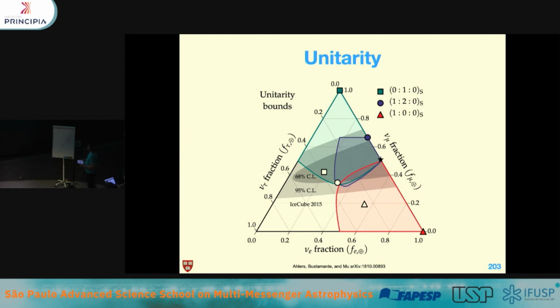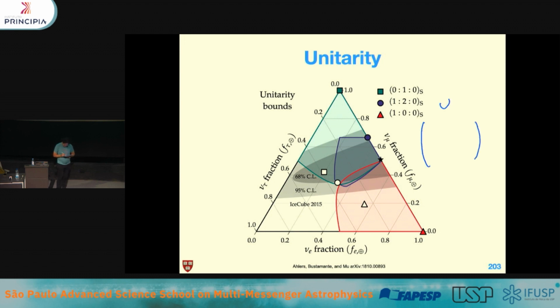It's because the sum of the mixing elements has to add up to 1. If I have a matrix that relates neutrino mixing, so this is my mixing matrix U, with entries U_e1, U_e2, U_e3, then if this matrix is unitary, the sum of |U_alpha i|^2 has to add up to 1, and so do the columns.